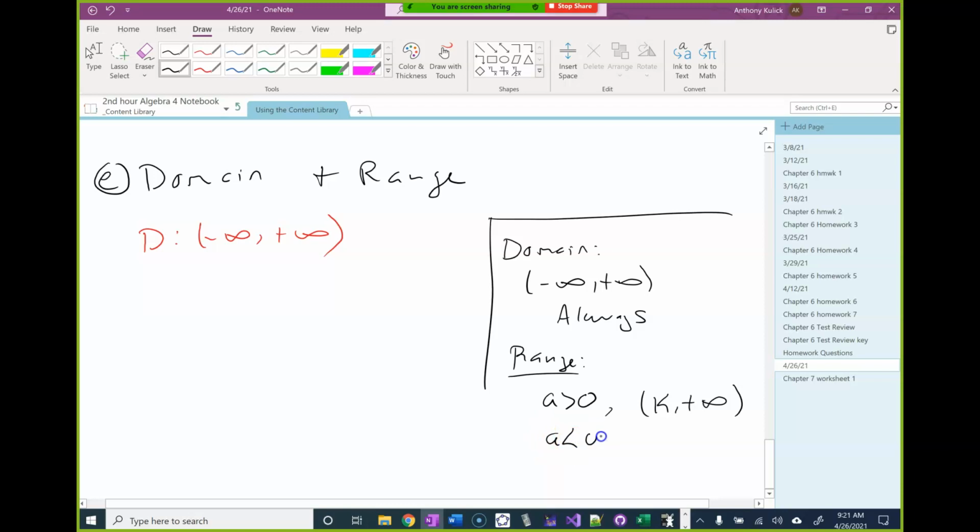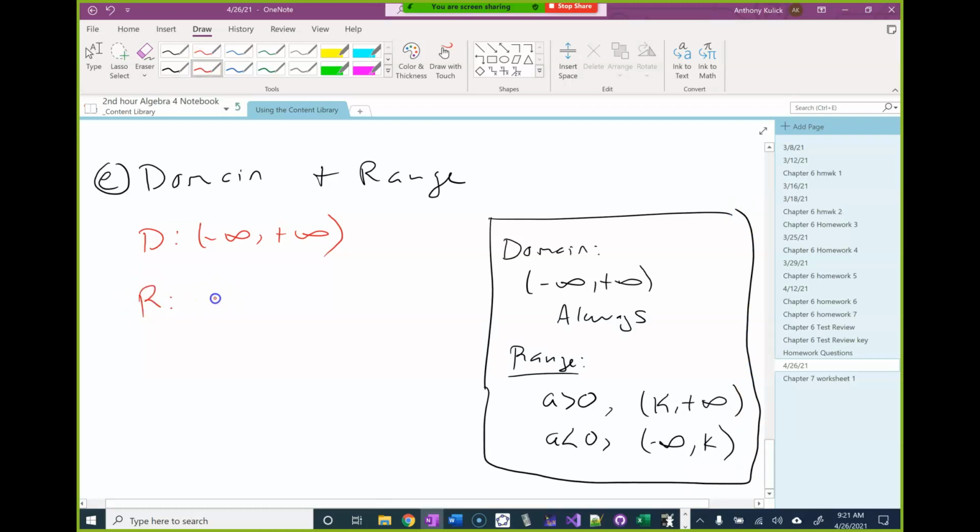Or if the A is negative, we're going to go from negative infinity up to K. So that's like the bottom of the asymptote. Notice here with the ranges, all of those are parentheses. Now, in this particular example problem, since the A was positive, we're going to go from K to positive infinity.